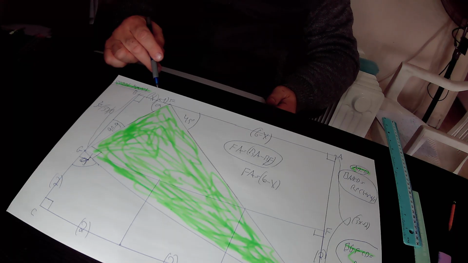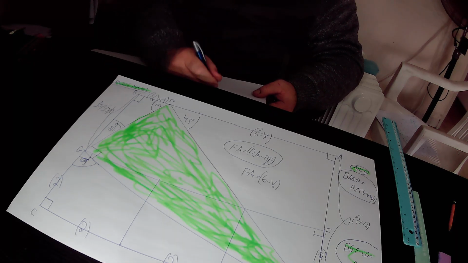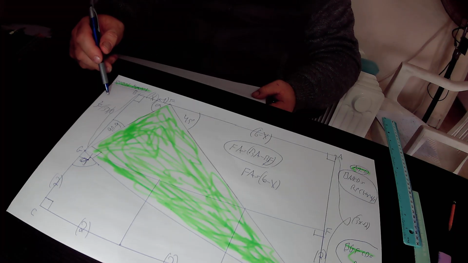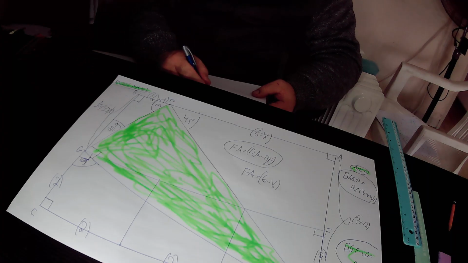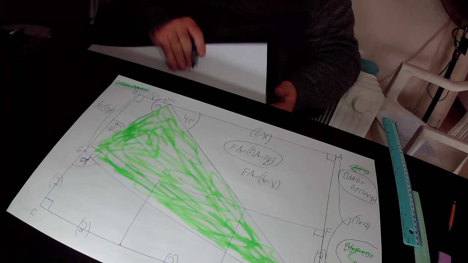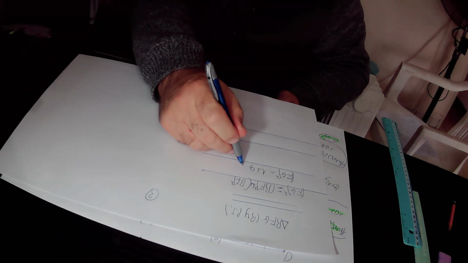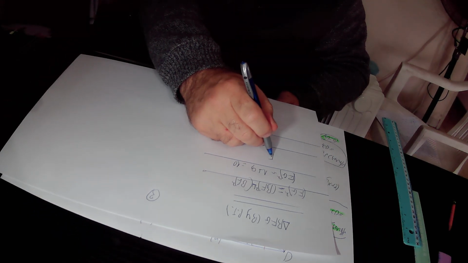BF is 1, therefore BF squared is 1 squared, that is 1, plus BG squared. BG is 3, therefore BG squared is 3 squared, that is 9. So in total, FG squared equals 1 plus 9, that is 10.